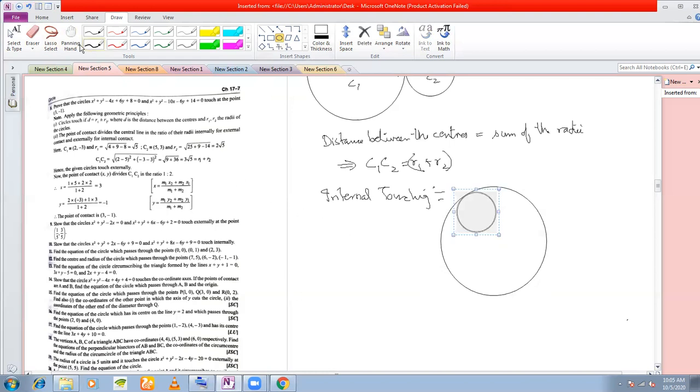If I call the centers of the two circles C1 and C2, and this is the point of contact P, in this case, if I can show that the distance between the centers, that is this distance C1, C2, let's draw a line through this, must be equal to the difference of the radii.